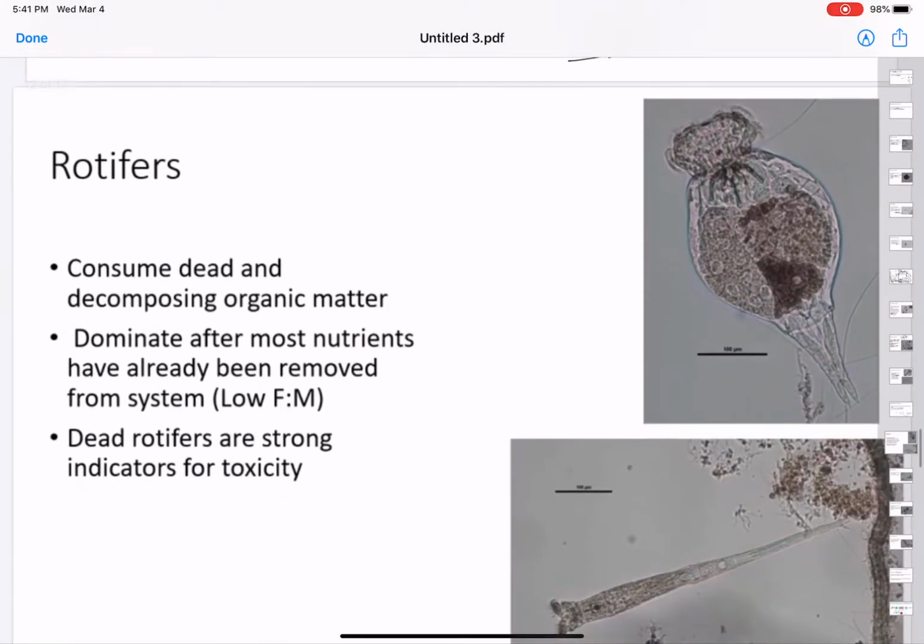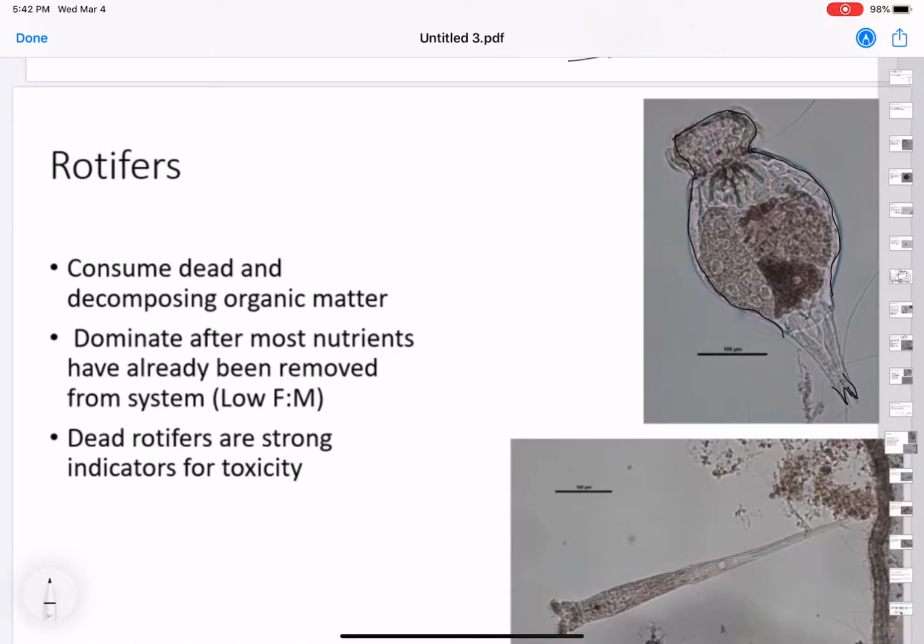Rotifers. So let's look at the rotifers. They look like this. Look at the legs. These are the legs, and these legs should be attached to a floc. And you can see the shape of this rotifer.